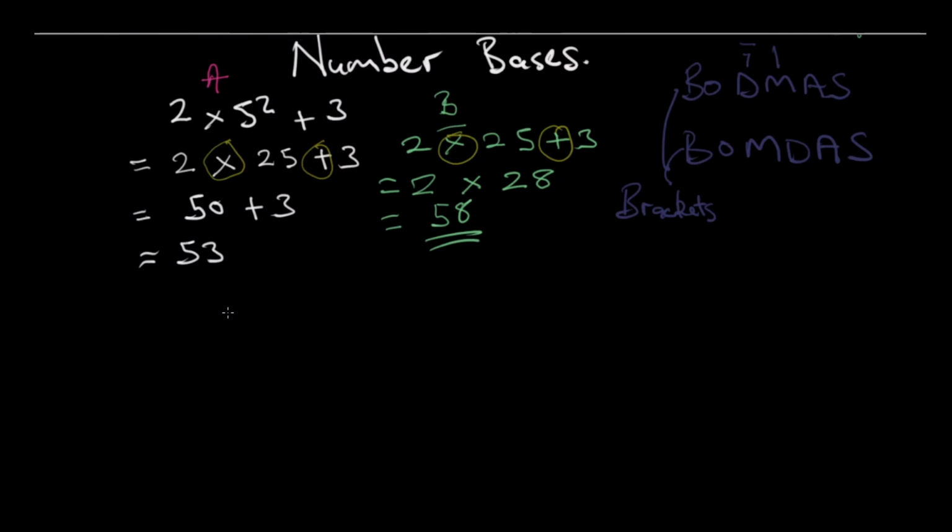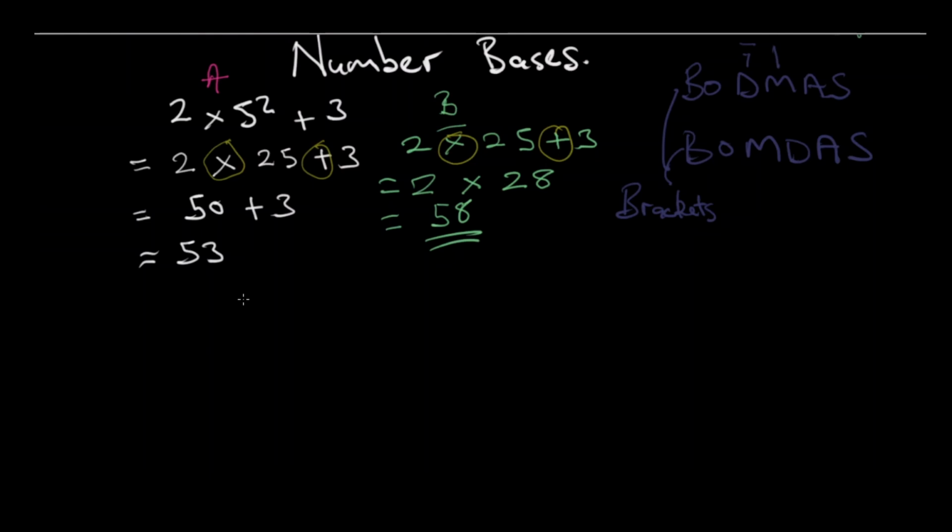So student A is correct, because you have to multiply first before you add. Yet student B added first before multiplication. That is the reason why the 58 answer is wrong, but the 53 answer is correct.